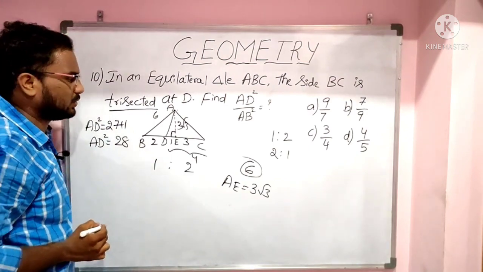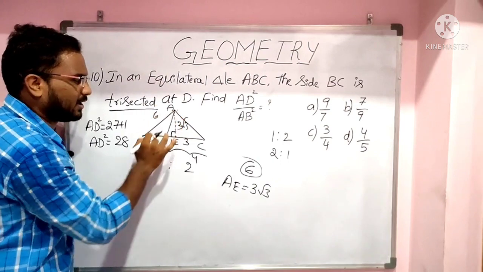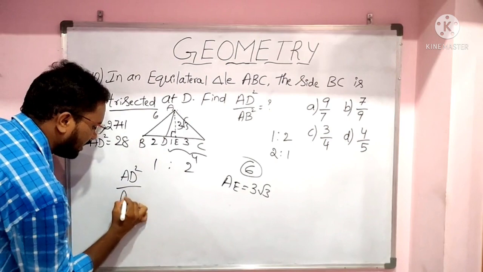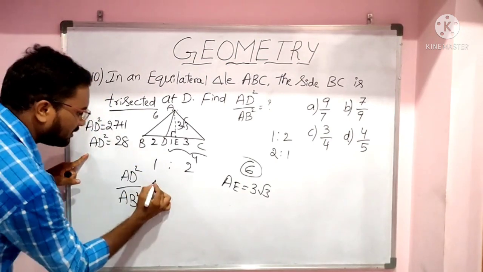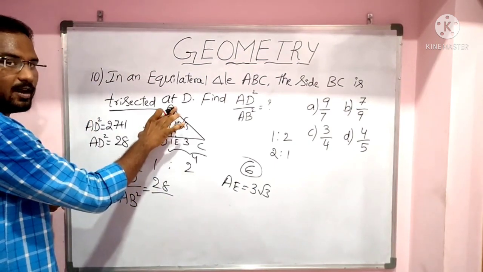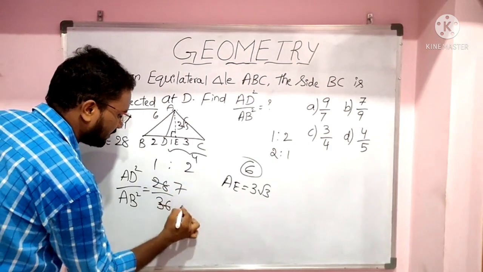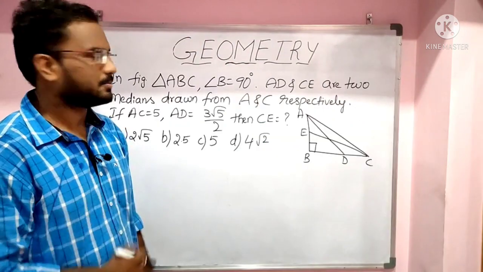We need to find AD square by AB square. AD square is 28. AB means the side, we have taken 6 centimeters, so side square is 36. 4 sevens are 28, 4 nines are 36. So the answer is 7:9.